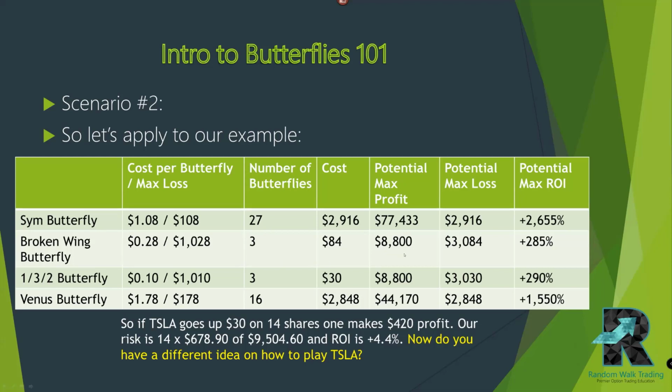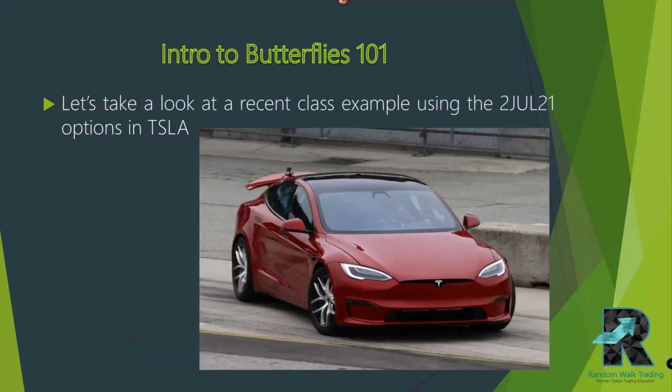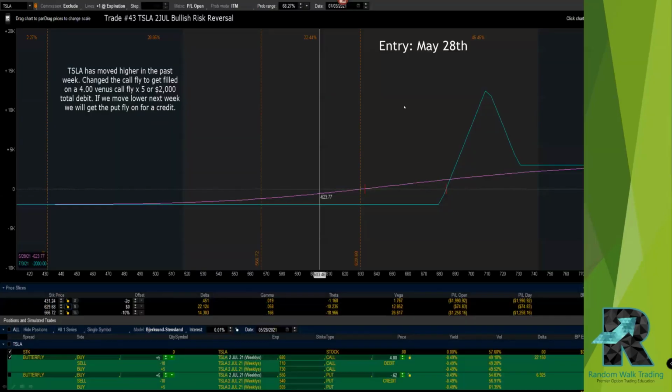But here we'll look at a quick example of a recent trade that we did in Tesla on the July 2nd expiration, that we started back into on May 28th. Again, just a simple example.